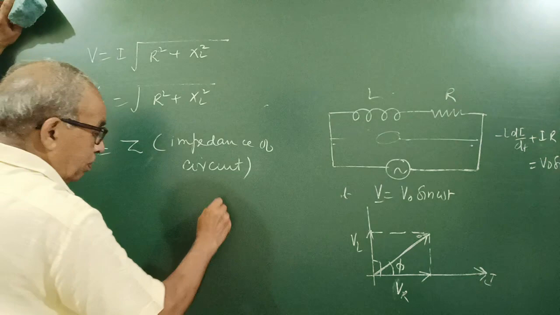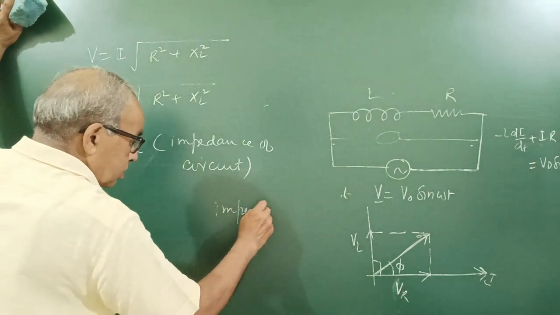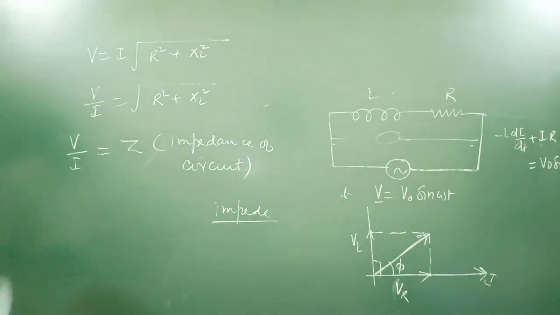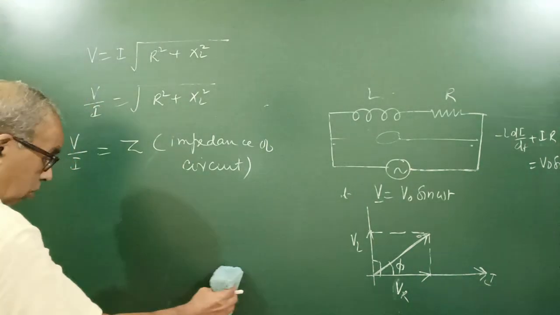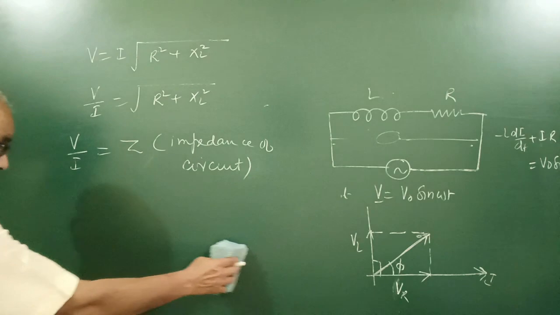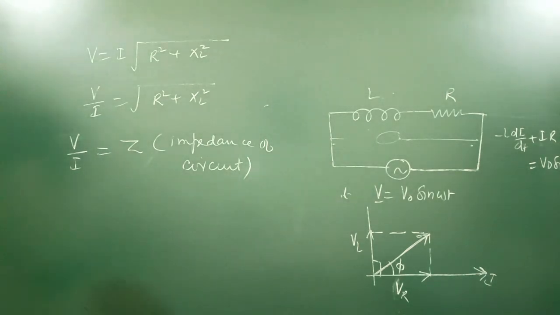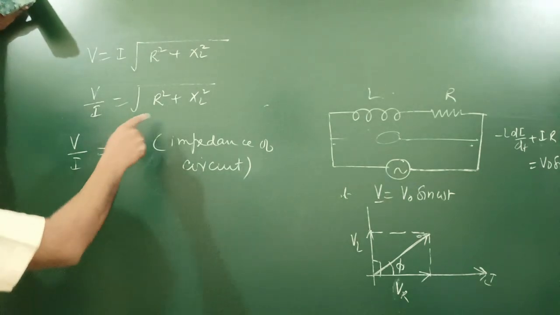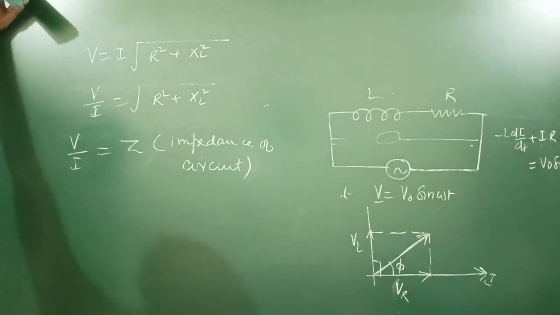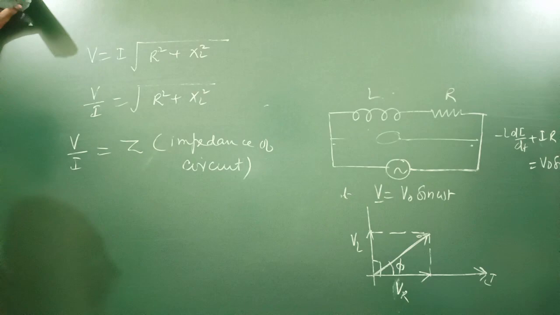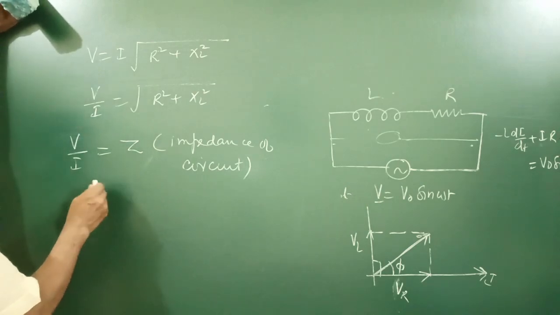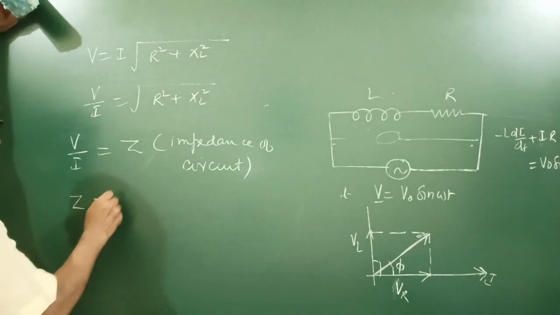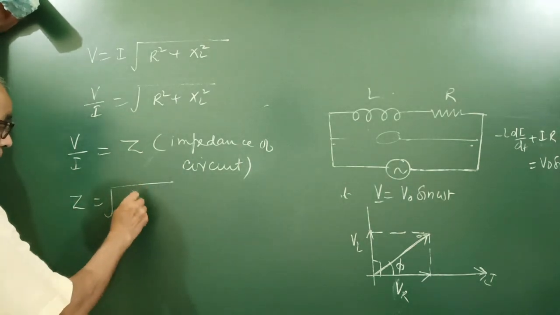There is the word impede, which means to oppose. So impedance is the opposition of series LR circuit to the current. And it's a vector sum of resistance and inductive reactance. So Z equal to under root R square plus XL square.